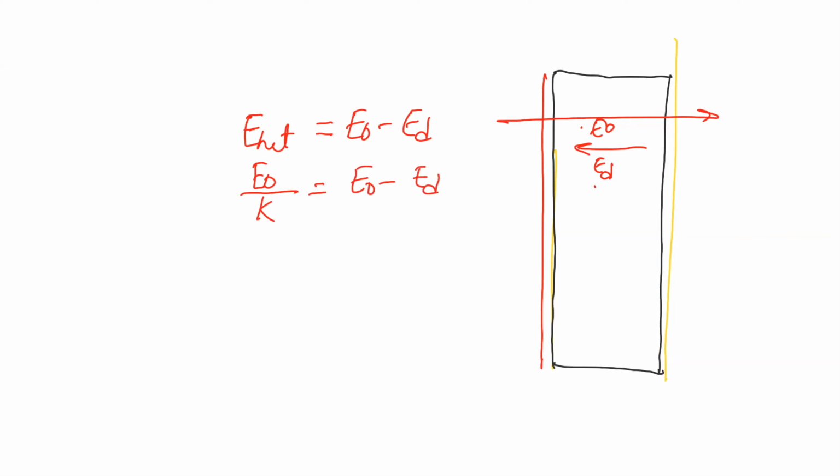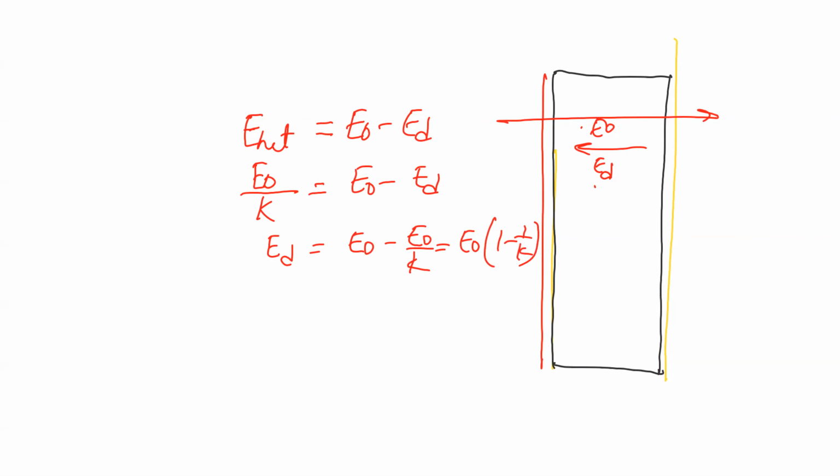So E net is equal to E naught by K, but E net according to the calculation should come as E naught minus ED, whatever dielectric is reducing because of its opposite polarity. So E naught by K is equal to E naught minus ED. From here, we'll calculate ED is equal to E naught minus E naught by K. E naught coming out 1 minus 1 by K.